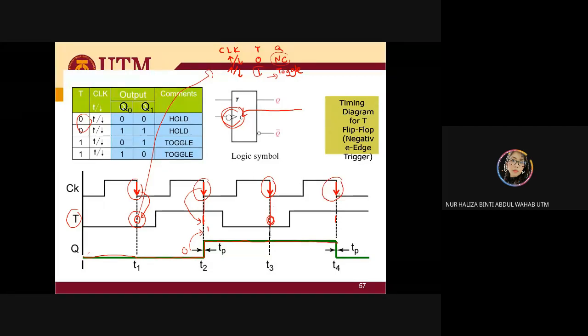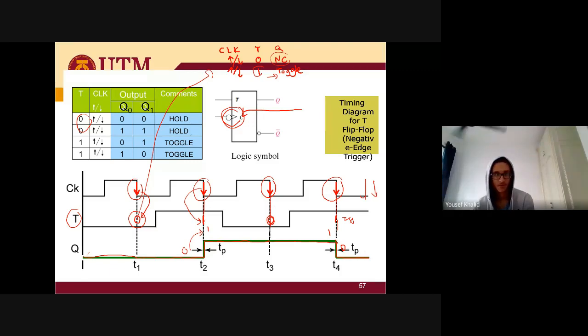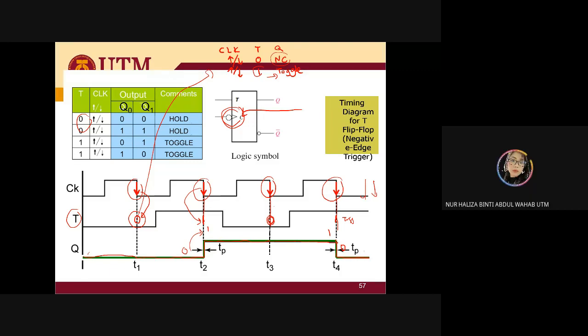And from here, you can see the value is 1. 1 means toggle for T flip-flop. So you're going to toggle from 1 to 0. So you're going to continue until you meet another negative clock. Okay, can you understand? Yeah, I got it now. Doctor, thank you. Okay, any other question?